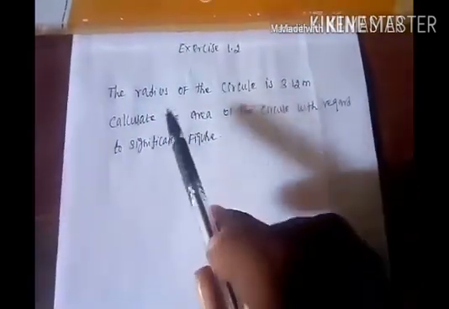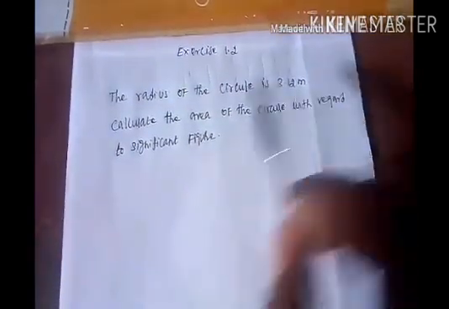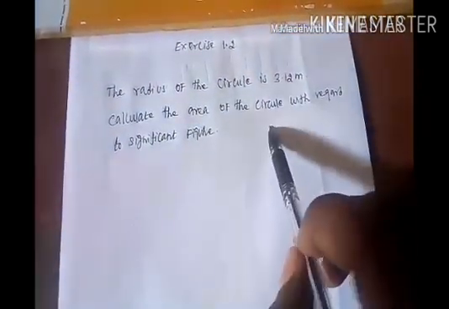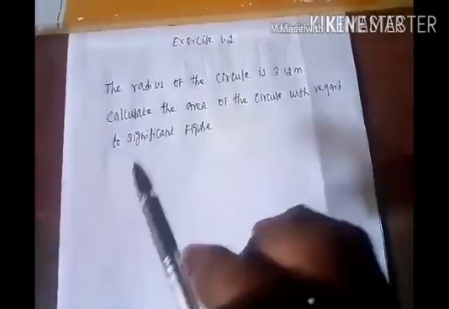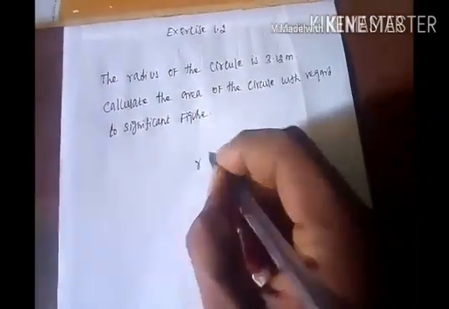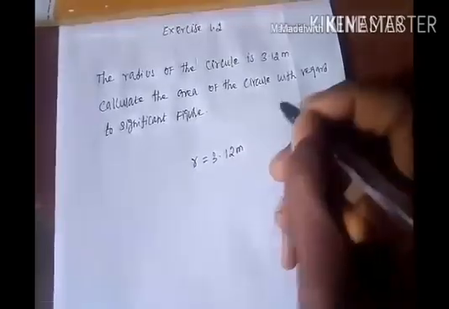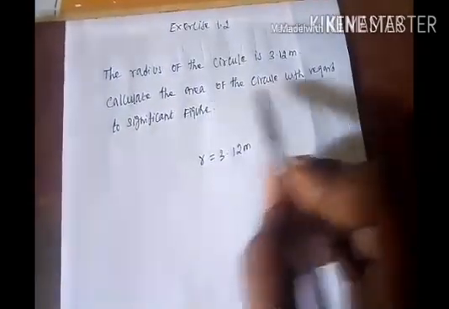Next, exercise 1.2. The question is: the radius of the circle is 3.12 meter. Calculate the area of the circle with regard to significant figures. What is given here? The radius of the circle is r equal to 3.12 meter, and we need the area of the circle.